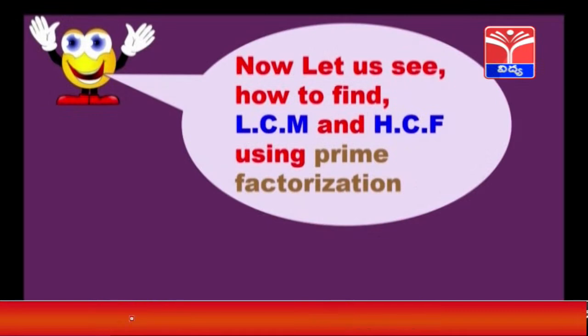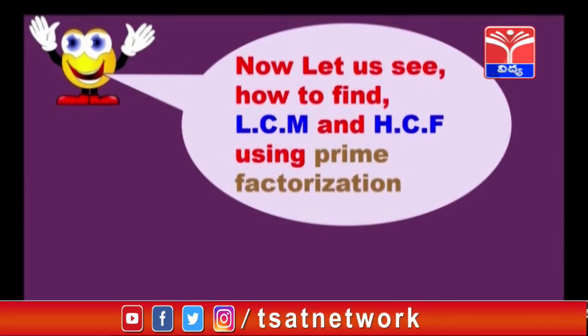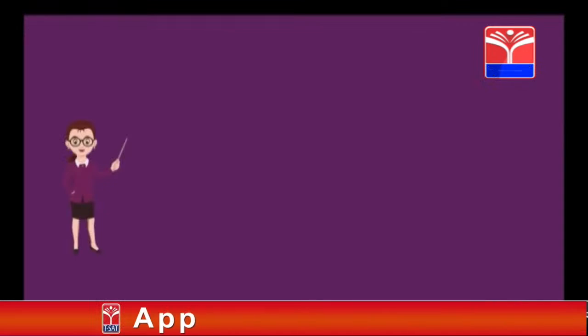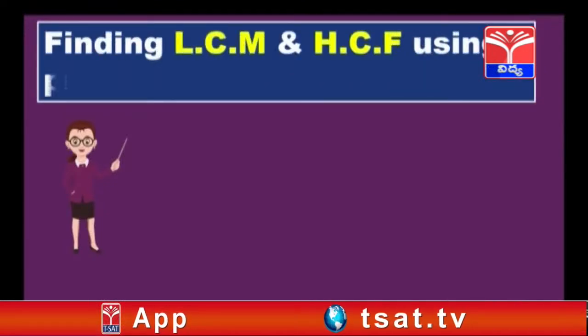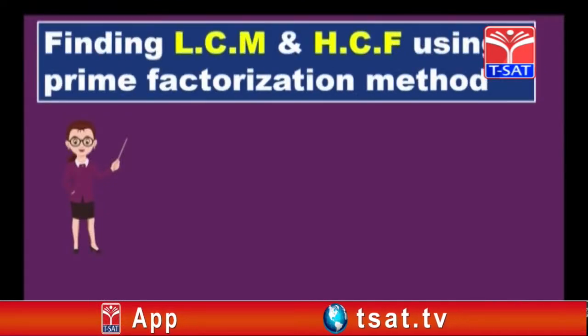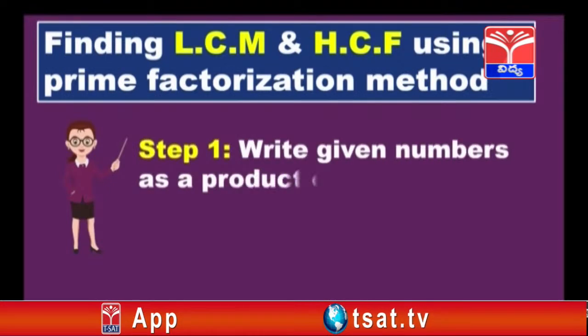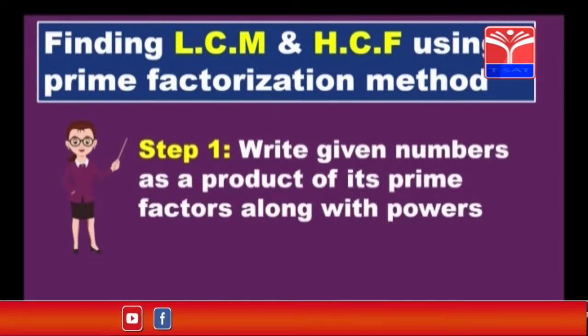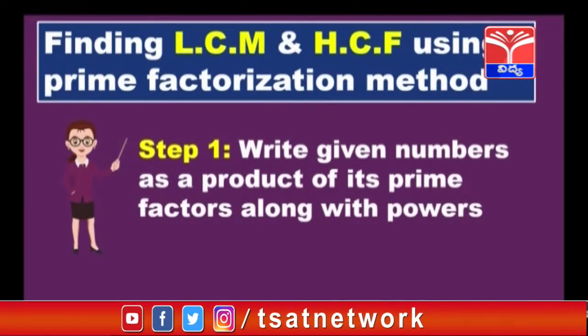Now let us see how to find LCM and HCF using prime factorization. Step 1: write the given numbers as a product of their prime factors along with powers.